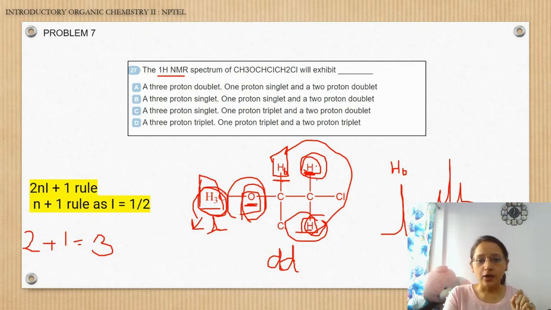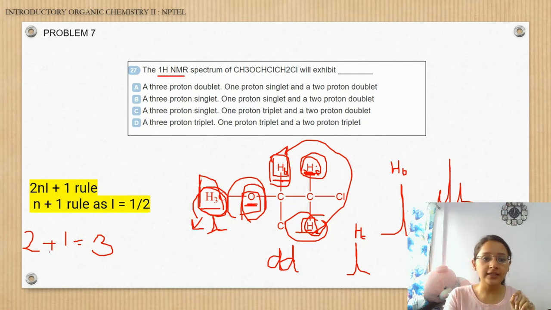And now coming to this HC, I am calling these two protons HC because these are the same. Let's say this is the signal of these two protons HC. Now HB is splitting this signal into a doublet because only one proton is present adjacent to these HC protons.